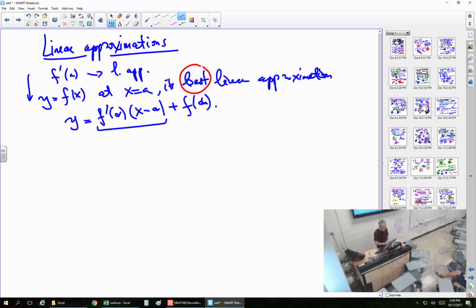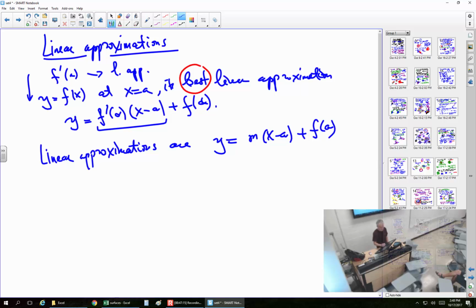Okay, so linear approximations, what are they? y equals m times x minus a plus f of a. So in other words, we're looking at secant lines pretty much.